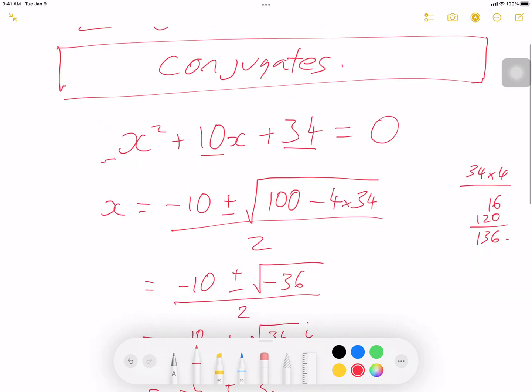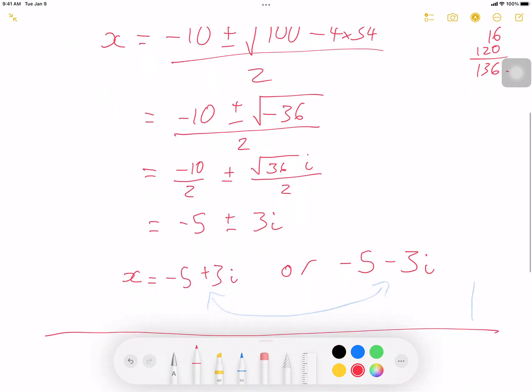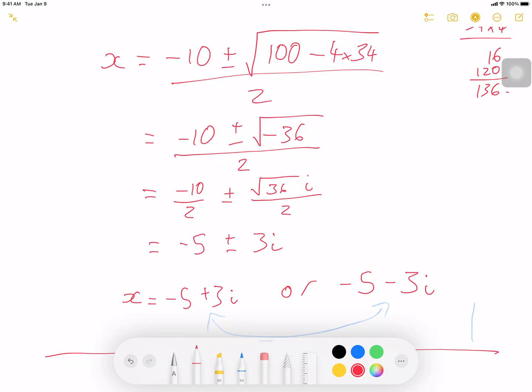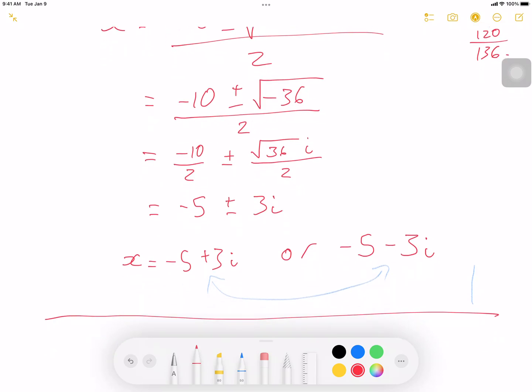What you can see is that the imaginary part is coming from the square root sign, and notice it's got a plus and a minus in front. So obviously one of your imaginary parts is going to be positive, the other is going to be negative.